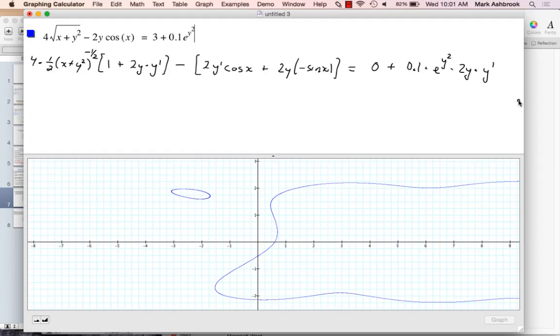Okay, so now how many terms do we have? Terms are things that we block together and separate out by addition and subtraction. So how many terms do we get from this? 2. All this stuff multiplied by 1, all this stuff multiplied by that.